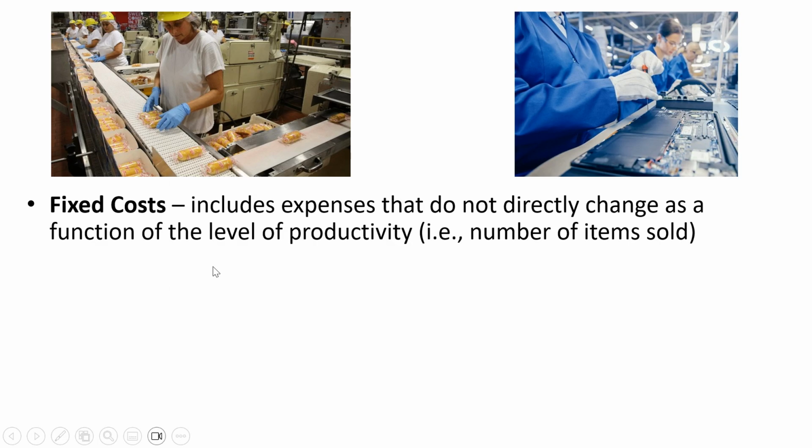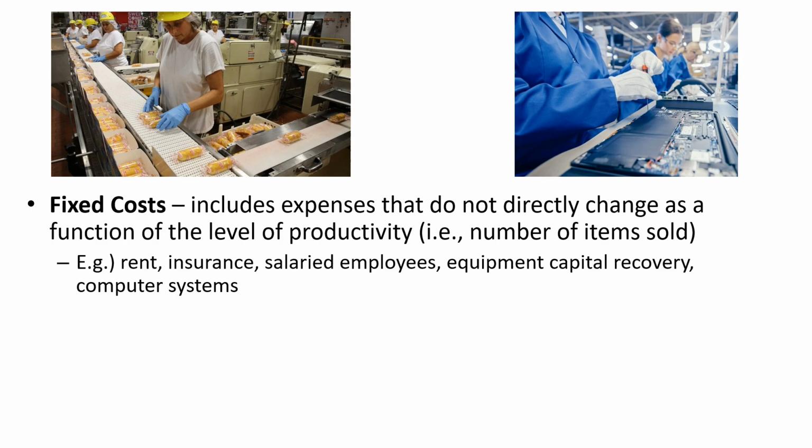So fixed costs are those that don't directly change as level of production changes. So if the number of items sold does not impact how much you have to pay, then that would include maybe even the salary of employees who aren't working on an hourly basis, then that's considered a fixed cost. So here's a list of some of the fixed costs that you might expect to see.